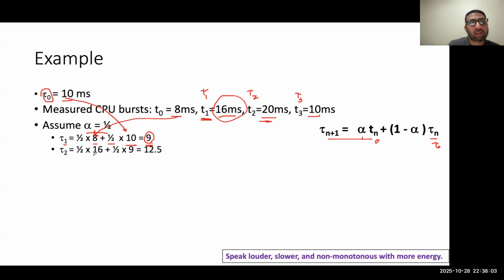So we are just plugging in the value here: 1 by 2 times 16 plus 1 by 2 times tau n, which is basically tau 1. Tau 1 was 9. So we plug in the values here and you will get 12.5. Is it clear how you can calculate the estimated value of the length of a burst if you know the estimated and the actual length of the previous burst?